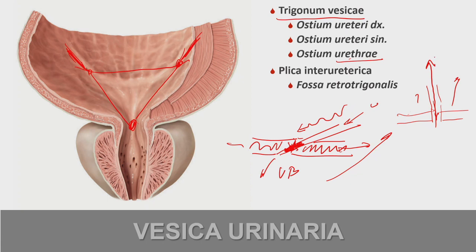Also during micturition, when the contraction of the muscle is here, it is dilating; it's a force dilating the opening of the ureter. This is called reflux of urine. Reflux of urine is a very, very important mechanism of recurrent infections.